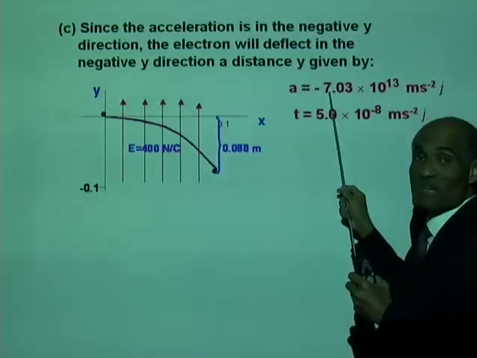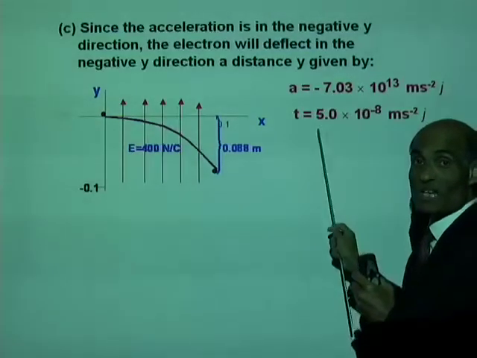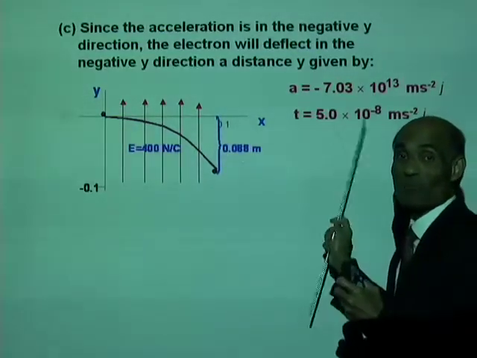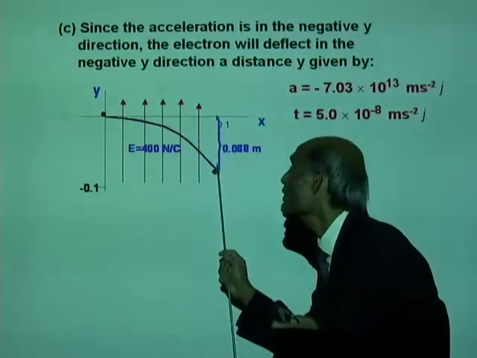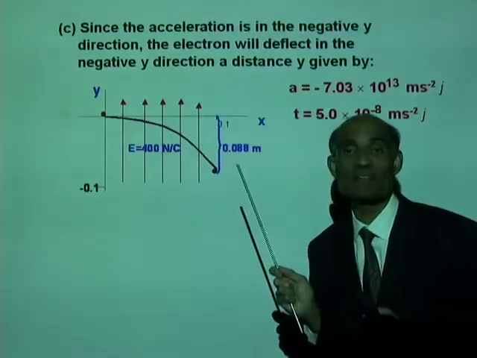That means it has been accelerating at this rate for this much time. Now, can you give me an equation to find that vertical distance traveled by the electron?